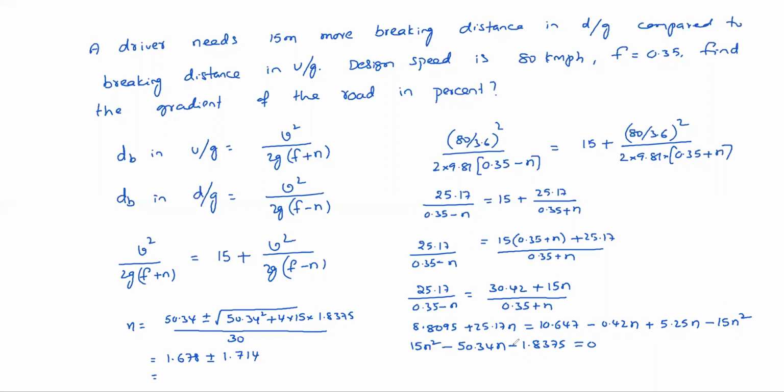This one is now 25.17 minus 30.42n plus 30.42n, minus 5.25, 20.34n. Is it correct? 20.34n.